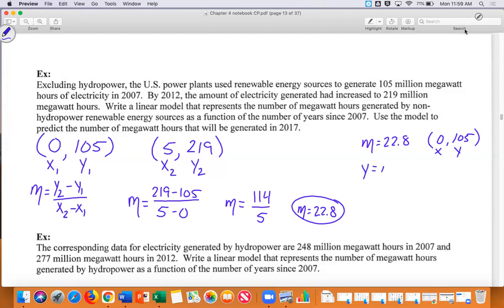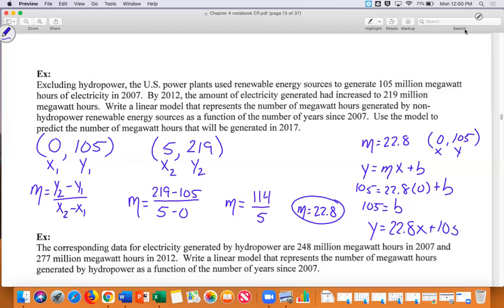Then I'm going to write my equation and substitute. I noticed 0 times 22.8 is 0, so I have 105 equals b. So my answer is y equals 22.8x plus 105. Louis, did you get that? Yes, sure. All right.